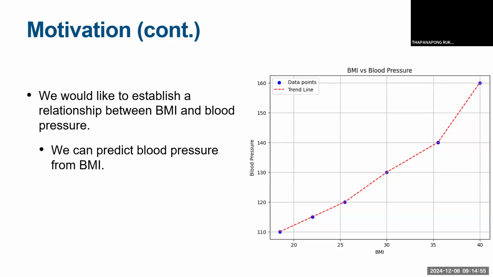And in the future, maybe we could predict the blood pressure from BMI. So what do we need in order to predict the blood pressure from BMI? If I just give you 6 data points and then ask you, my BMI is maybe 31, what should be my blood pressure?